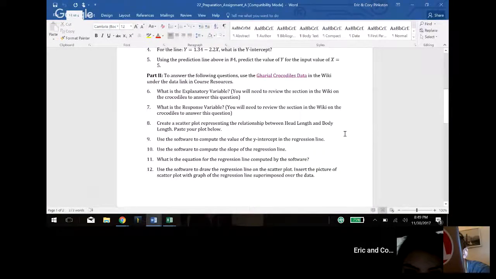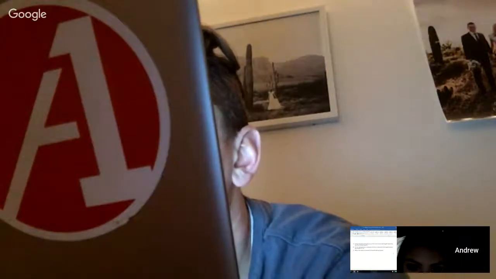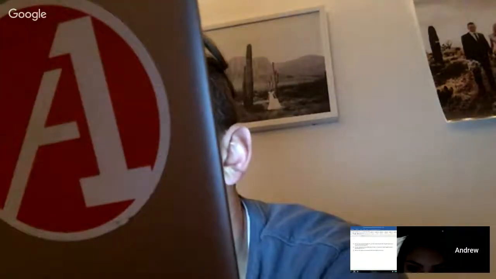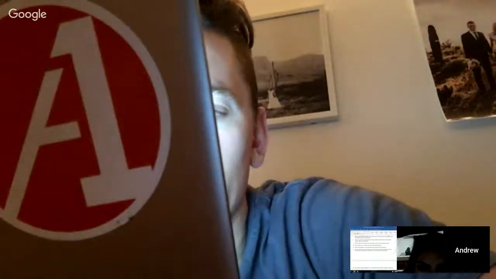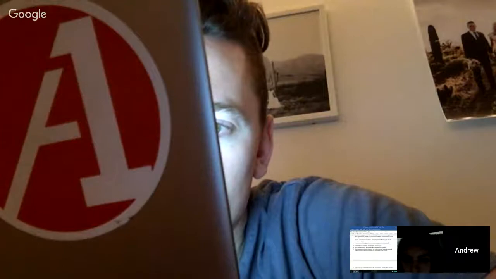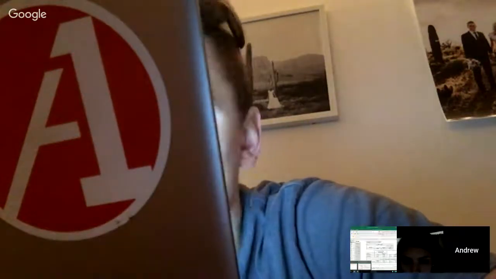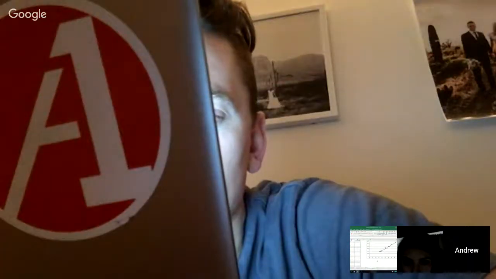Okay. And then 15, why are the values you obtained in number 8 and number 9 different? I don't know. Where are the values, 8 and 9? Because if you look at the scatter plot, the y-intercept looks like it's positive 50 or something like that.